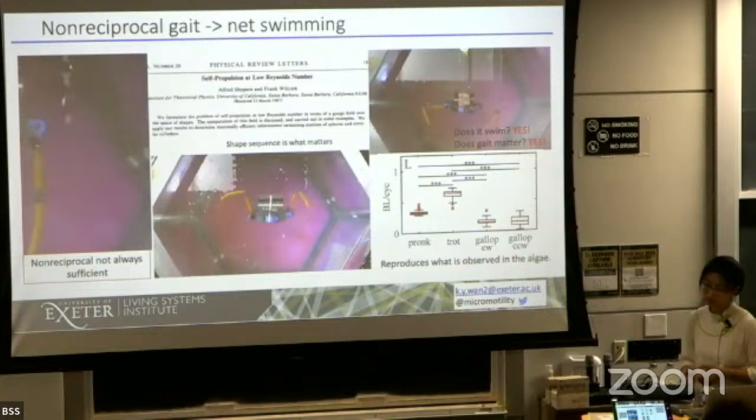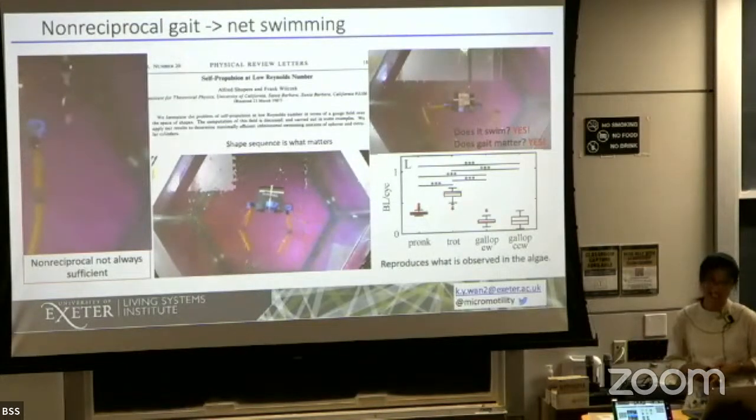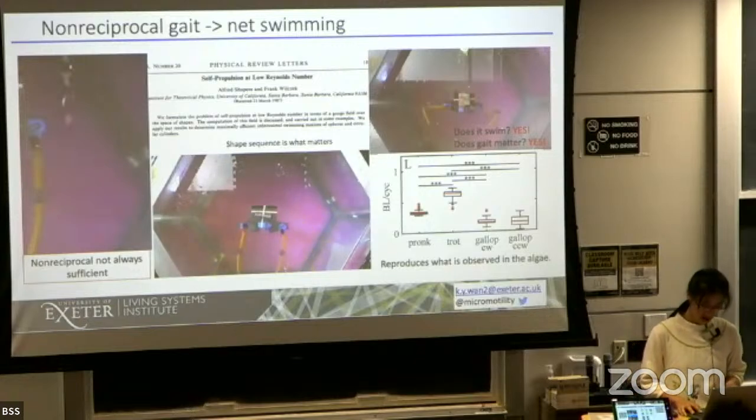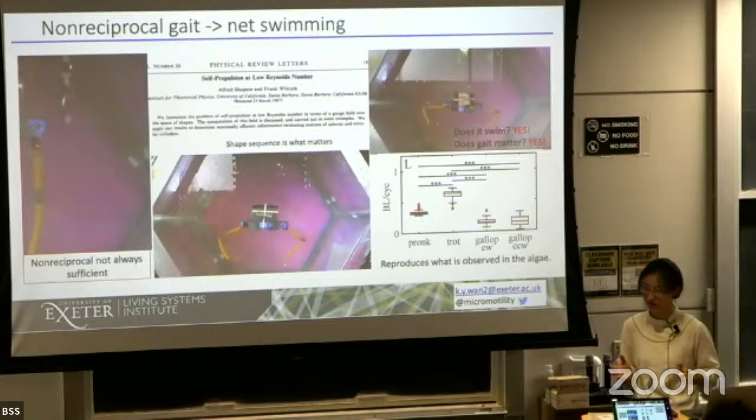And you can start to reproduce exactly the same profile that we found in the real organisms. For example, the trotting gait is the best in this scenario. So this is a little bit of a detour, but I hope it's useful to think about in the context of manufacturing devices.